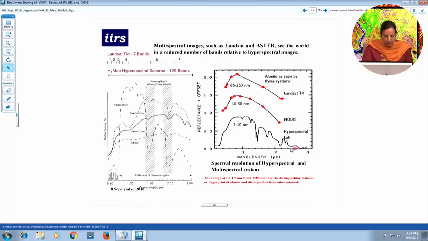The main principle or the science behind hyperspectral is that these absorption zones are typical of each and every feature on the ground. The moment the composition of the material changes, the position of these absorption zones, whether it will occur and where it will occur, changes.